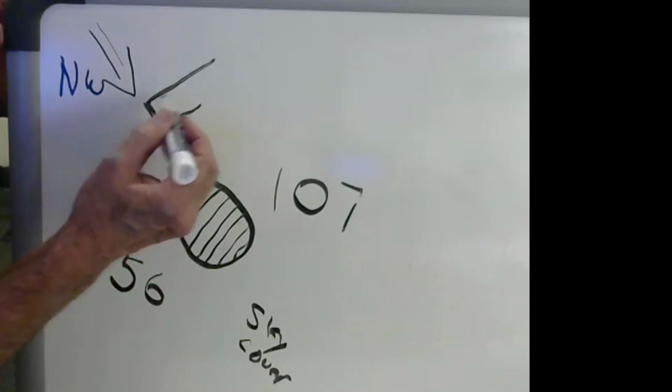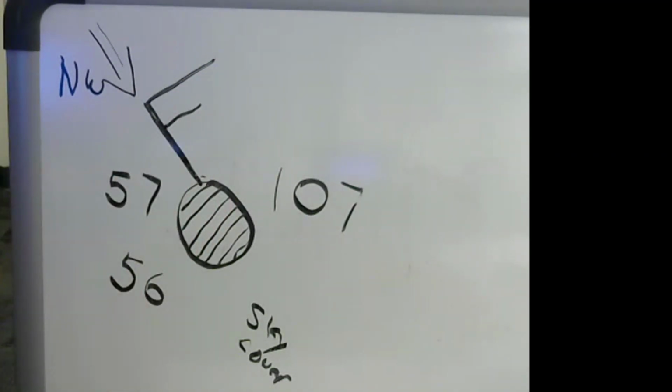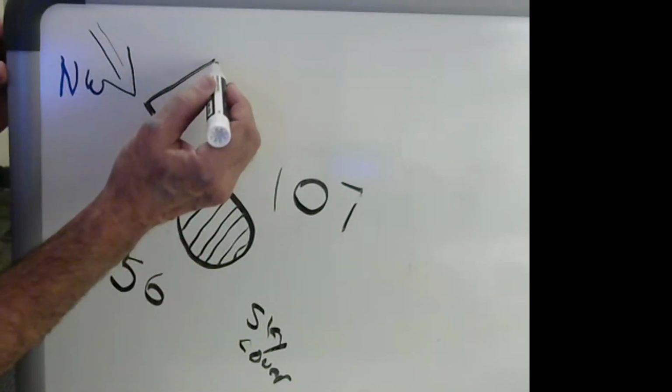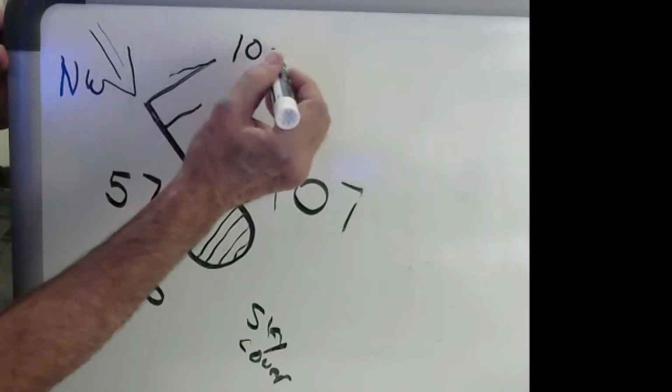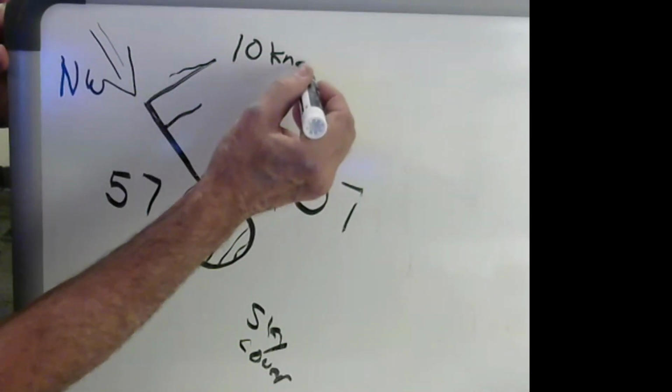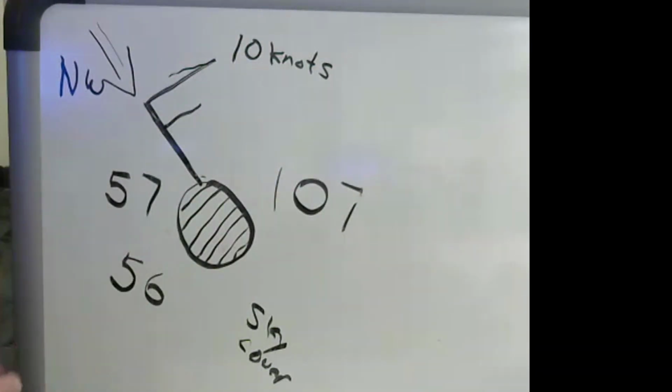Now, these little feathers are giving us an indication of the velocity or wind speed. When we see one long feather like this, that's an indication of 10 nautical miles per hour, and we use knots to denote nautical miles per hour. The difference between a nautical mile and a statute or land mile, the kind you read off your car speedometer, is that a nautical mile is equivalent to approximately 1.2 statute miles.